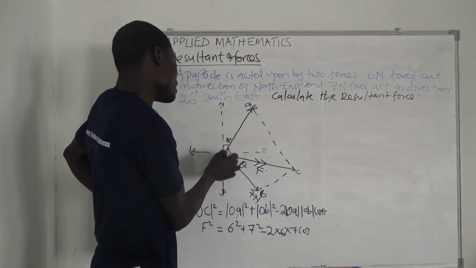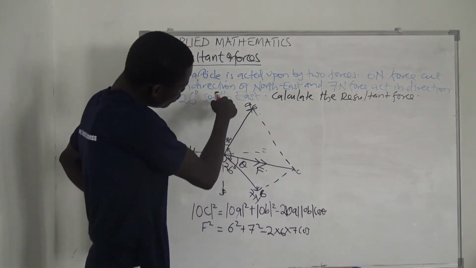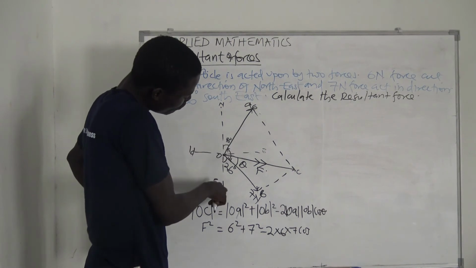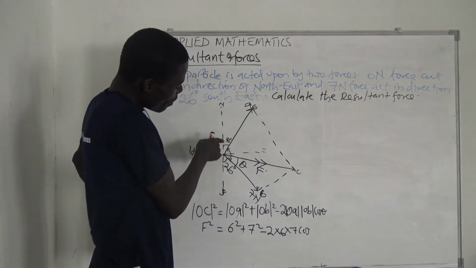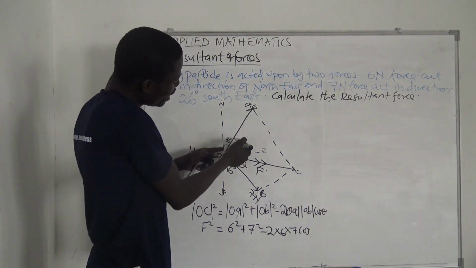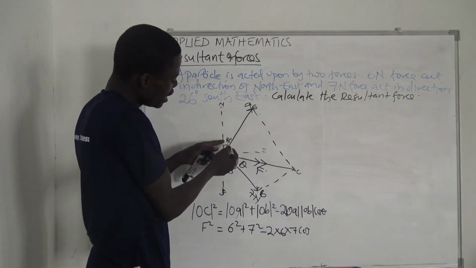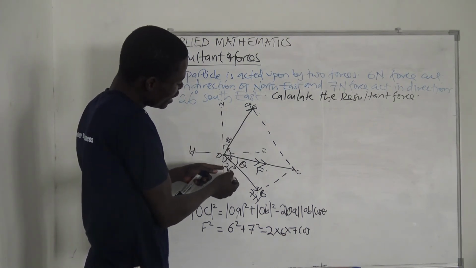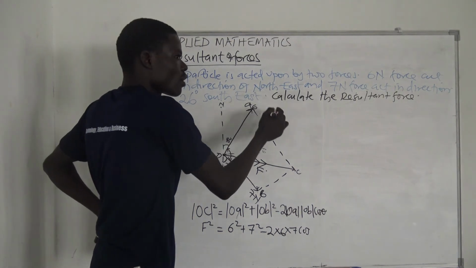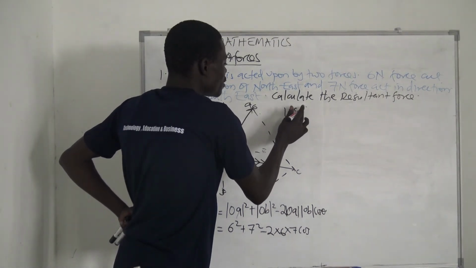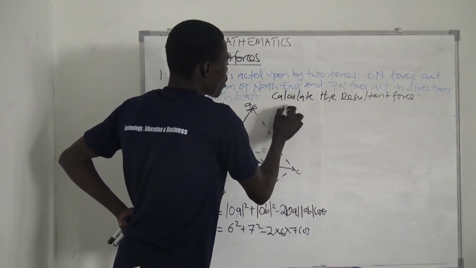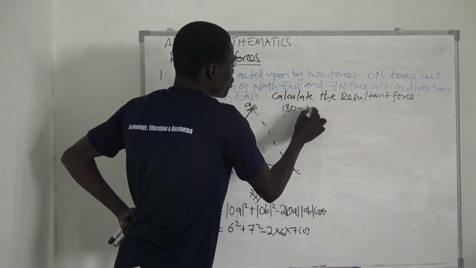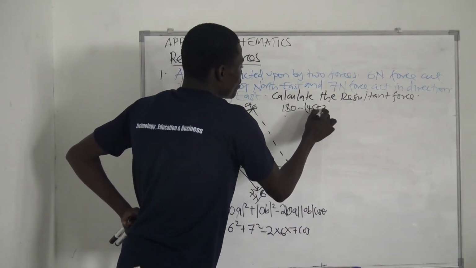So the angle here must have 180. If you subtract, you get 180 minus 45 plus 26.